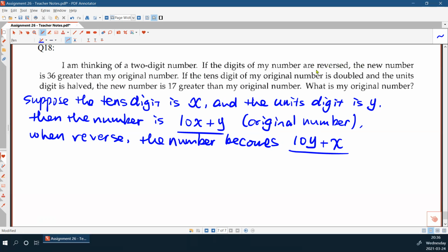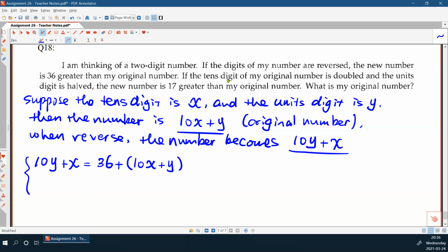If the digits of my number are reversed, the new number is 36 greater than my original number. So that means this is a new number, right? And the new number is 36 greater than the original. Original is 10x plus y, right?